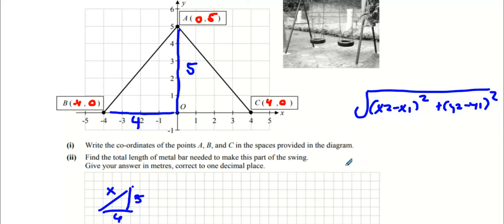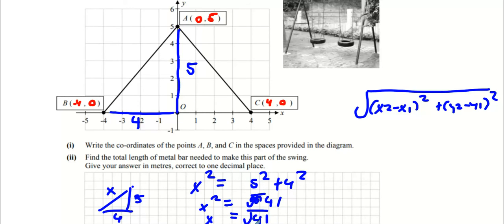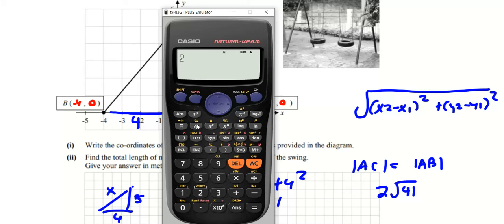I'm just interested in doing this a bit faster, so I'm going to get x squared equals 5 squared plus 4 squared, 25 plus 16. X squared equals 41. X equals the square root of 41. Now, as it turns out, AC is the same, so AC equals AB. So it's going to be 2 times the square root of 41. You put that into the calculator, you get 12.8.